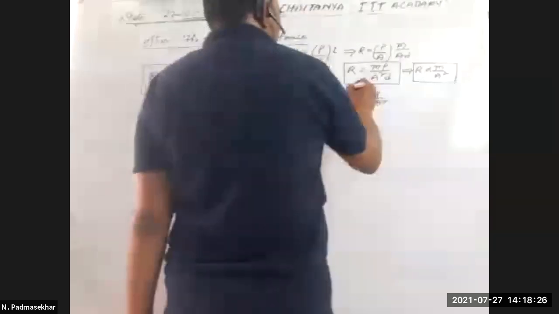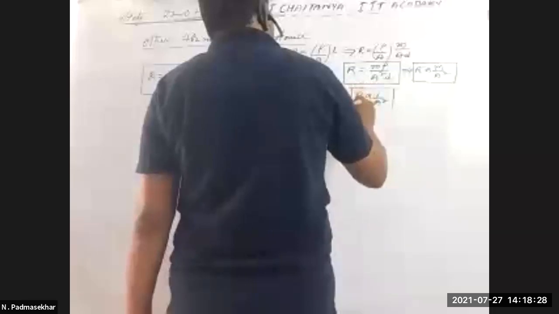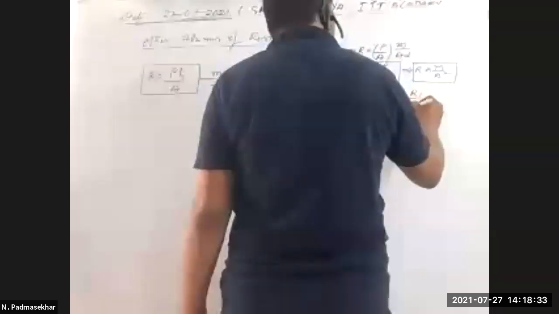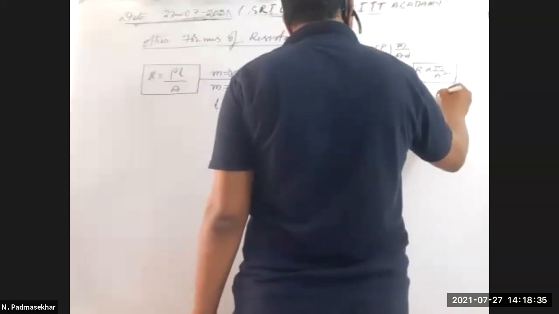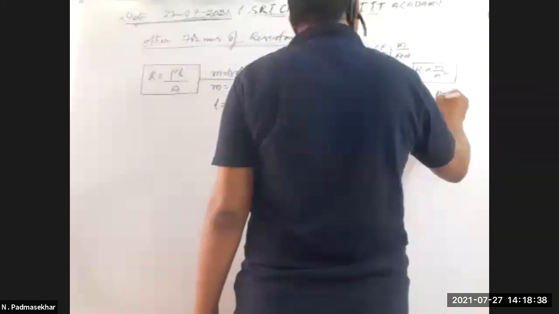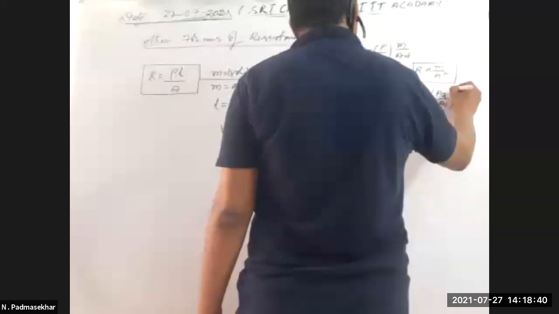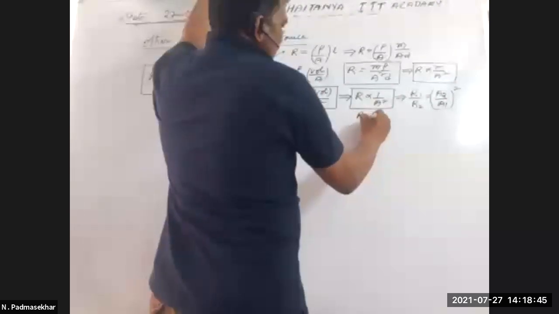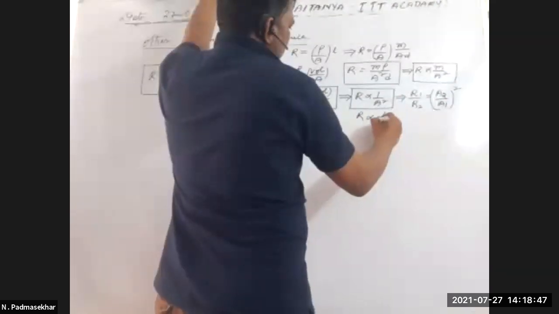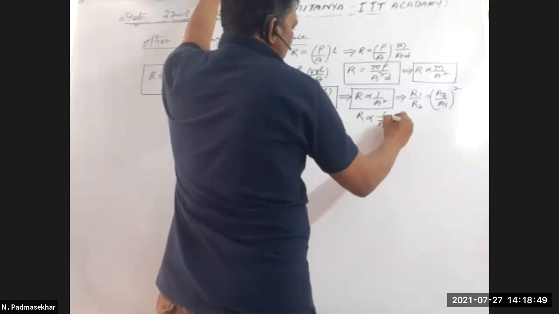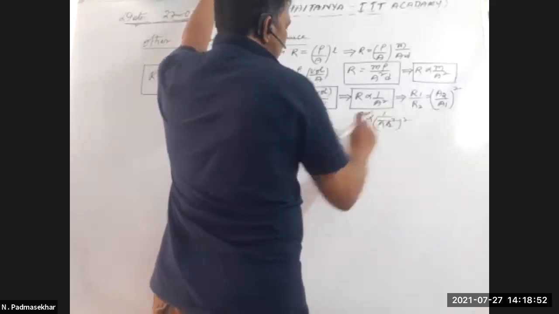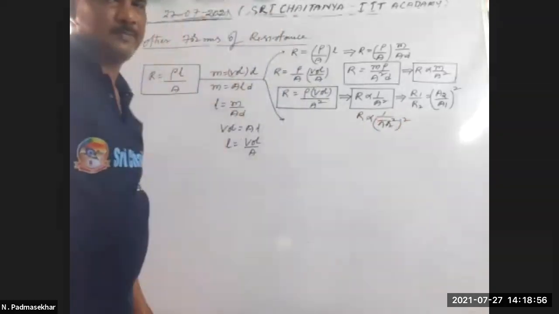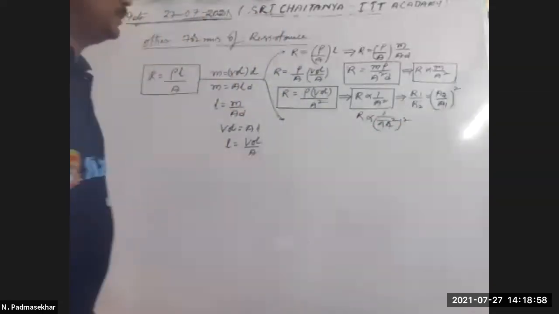Resistance is inversely proportional to A square means R1 by R2 is equal to A2 by A1 whole square. And also this resistance is inversely proportional to pi small r square whole square. ఇక్కడ capital R అంటే resistance, small r అంటే radius of curvature.